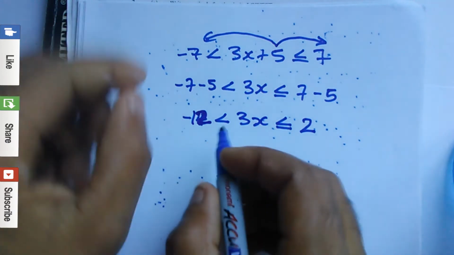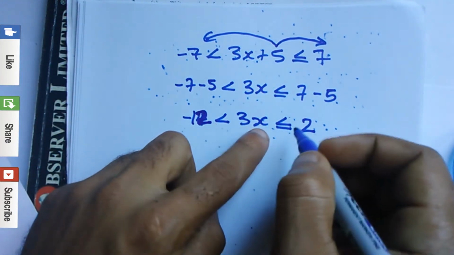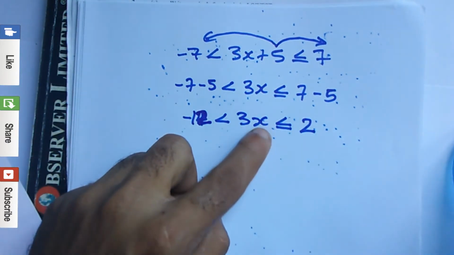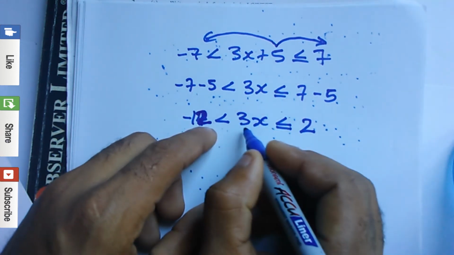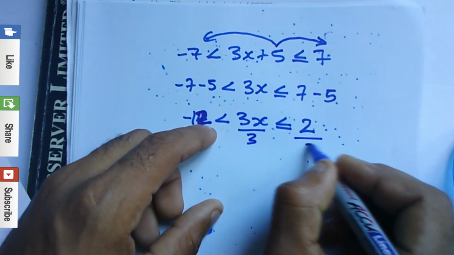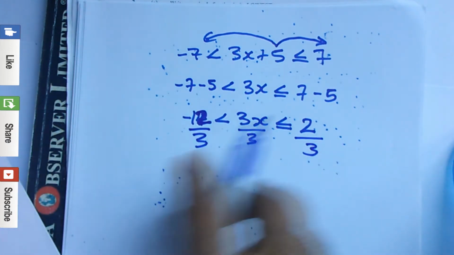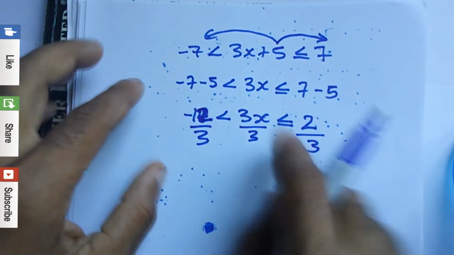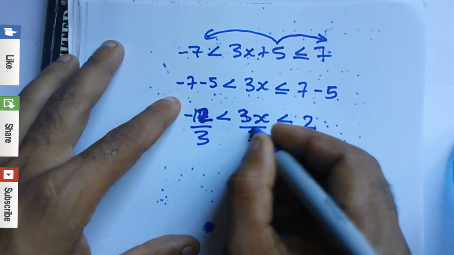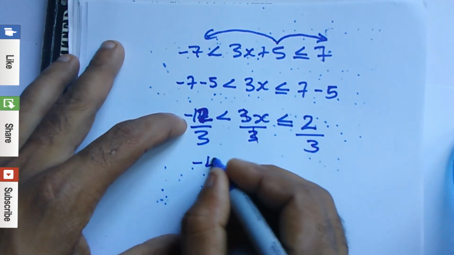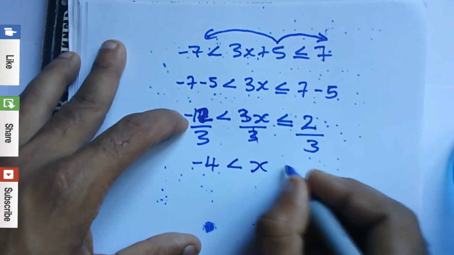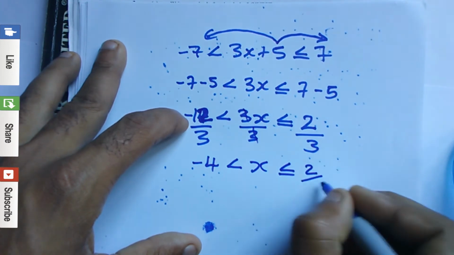Now, we have minus 12 here, less than 3x, less than or equal to 2. Now, we're solving for x, so that means I'm going to have to get rid of this 3 by dividing both sides by 3. Remember, anything we do on one side, do it on the other side. So we have 2 sides here, so we do it on everything. So 3 cancels 3, so we're going to have minus 4 less than x less than or equal to 2/3.